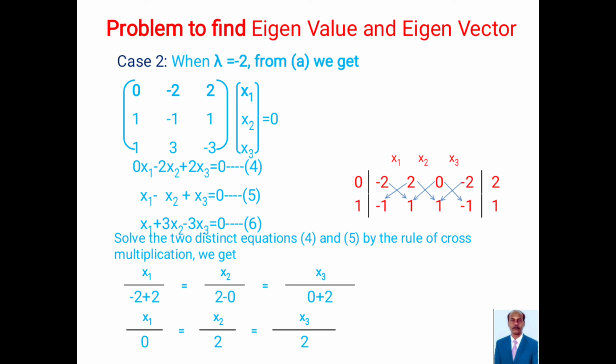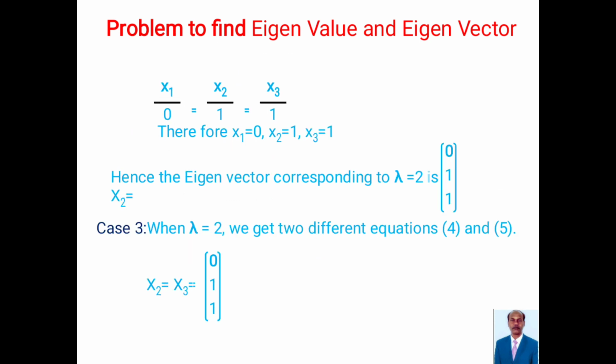Using these three equations and the cross multiplication method, we find x1 equal to 0, x2 equal to 2 and x3 equal to 2. Hence the eigenvector corresponding to lambda equal to 2 is 0, 1, 1. Again, when lambda is equal to 2, the previous case also considered lambda equal to 2 only, so both values are the same.